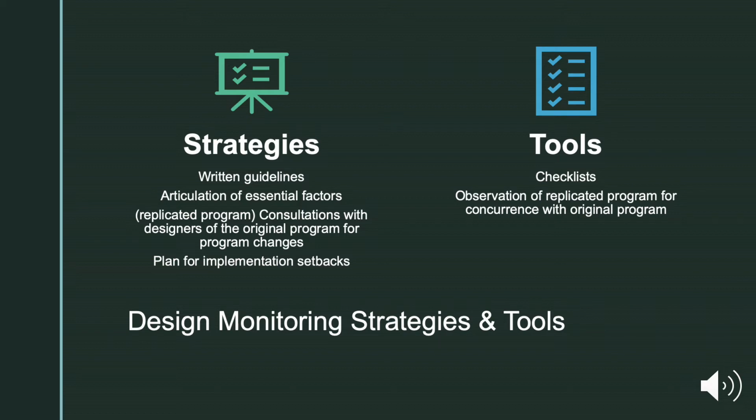If you were, for example, replicating an existing program, you may consult with the original designers and plan for implementation setbacks. Where are the places where the program might be hung up? Tools for supporting design fidelity include the use of checklists and also observation of a program once it's implemented.